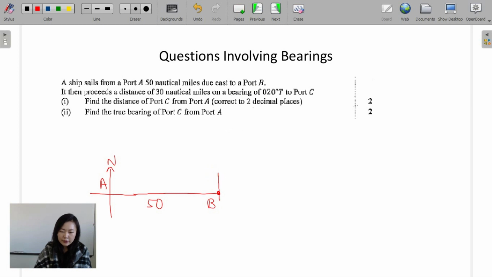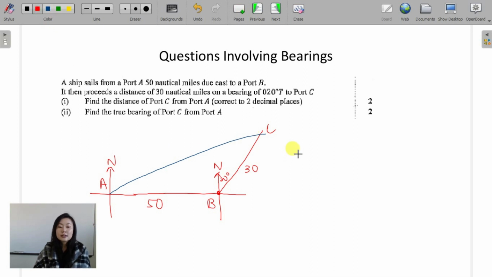So what a bearing of 20 actually means is from north, you go clockwise by 20 degrees to get to C. And that distance is 30. So the question is, what is that distance AC? That's the first part.